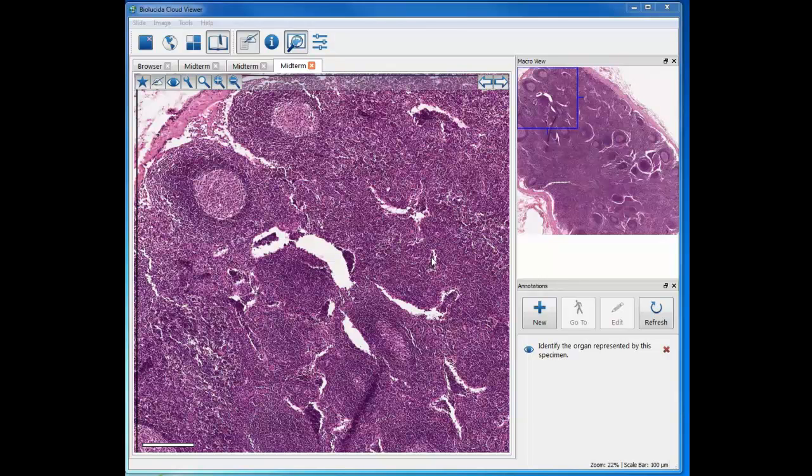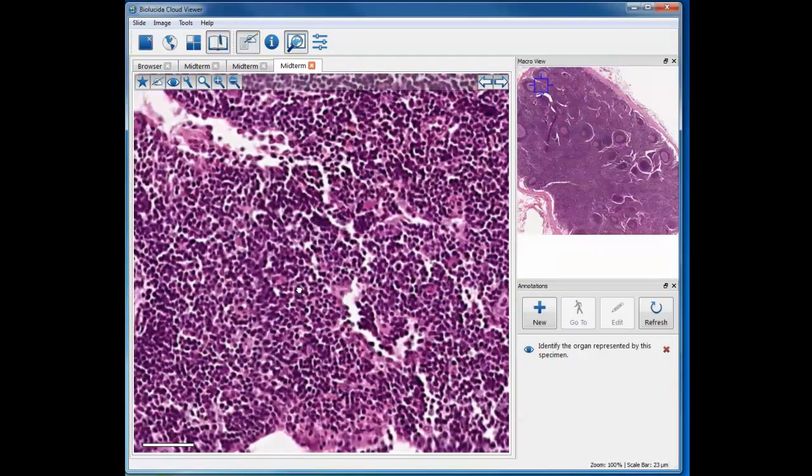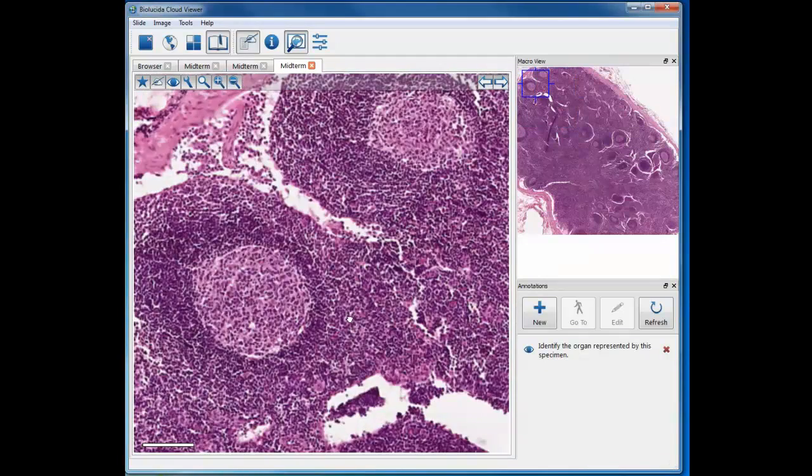Then you need to ask, what are the lymphoid organs that have lymphatic nodules? Tonsil, spleen, and lymph node. So what do we need to know to make sure this is a lymph node? Well, we can look at these nodules and see if we see an artery associated with them, and I don't see one, so there are no central arteries.